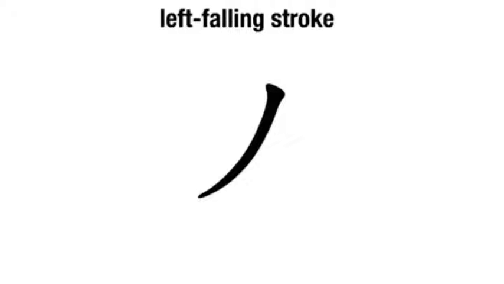Hi, welcome back once again. The third basic stroke of Chinese, which is known as Pie, is called the left falling stroke of Chinese. This stroke can be written from top to left bottom, this way.